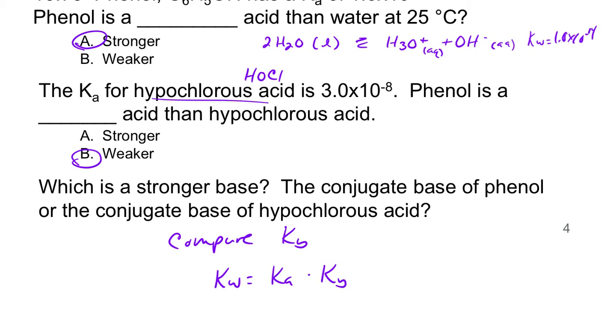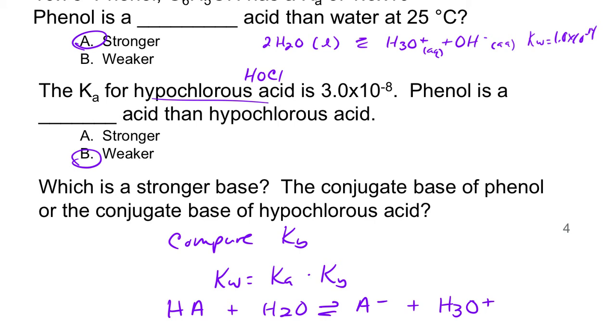So let's just make this as obvious as we can, I suppose. We have both weak acids. We're going to just call it general now: weak acid HA plus H2O in equilibrium with its conjugate base and H3O plus. We are now concerned about the equilibrium with A minus and water, and how it forms OH minus and HA.